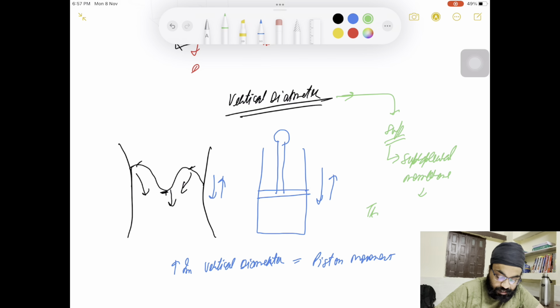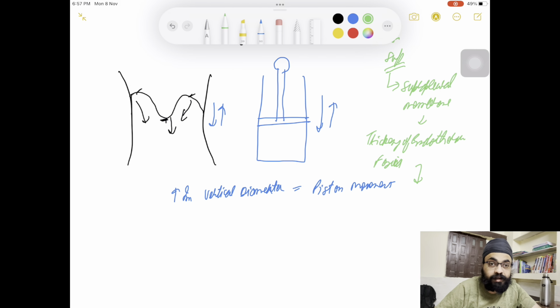That is nothing but a thickening of the endothoracic fascia. So this is present between what? It is present between the thoracic cage and the parietal pleura.